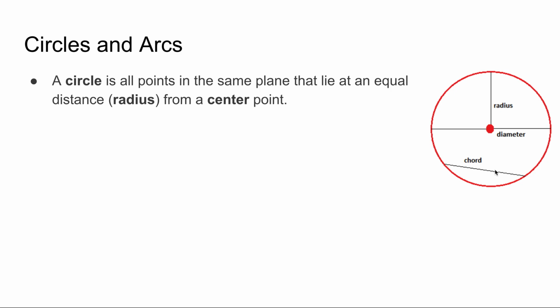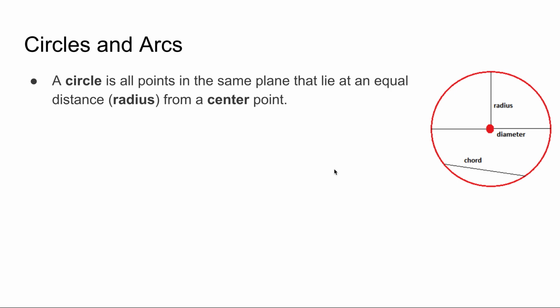What is a chord? A chord is a line segment that has both endpoints on the circle. So you can draw a lot of chords, right? A lot of chords. The diameter is one of the chords, the one with the longest distance.